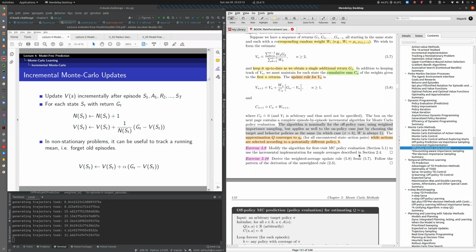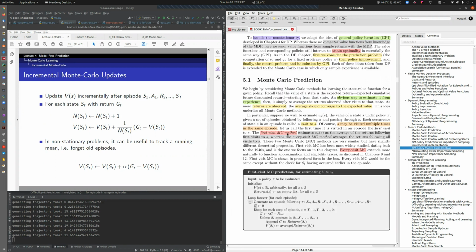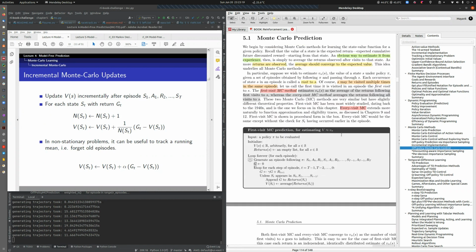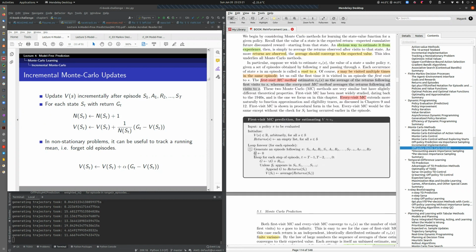This is the first-visit method, and for every-visit MC, we just remove this statement and append to the return.